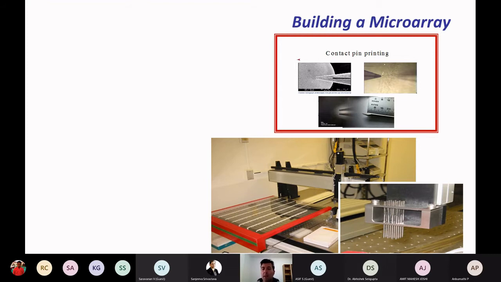They can deposit small drops, just nanoliters or picoliters, on the surface of the array with a high rate of reproducibility.